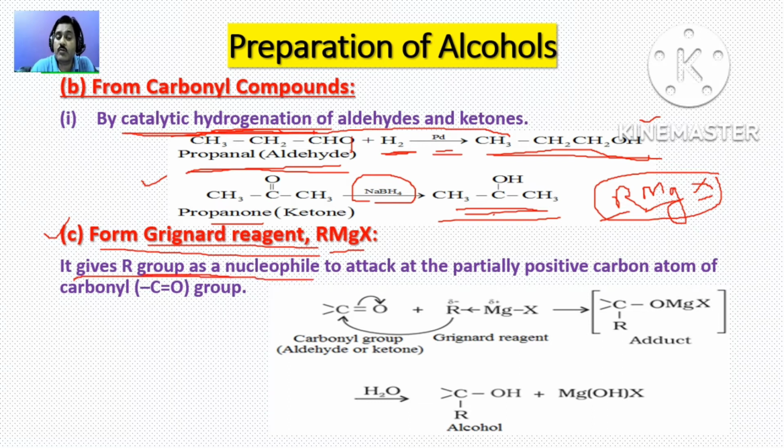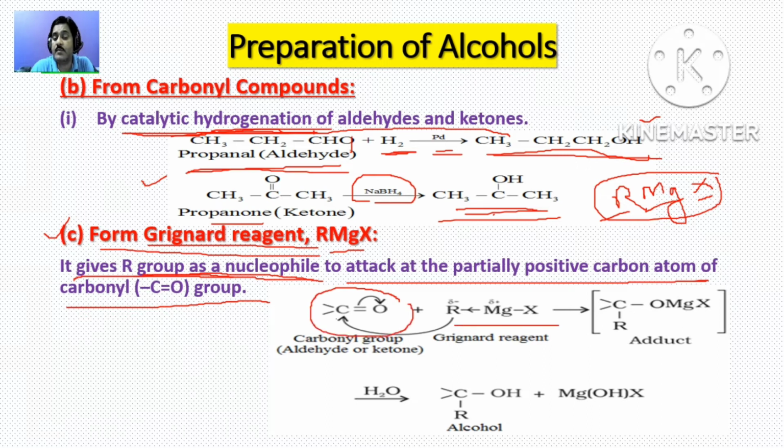Then the R group, the alkyl group here, acts as a nucleophile, which contains a negative charge, to attack the partially positive carbon atom of the carbonyl group. For example, here a carbonyl group is present and RMgX, the Grignard reagent, is there. Then what happens during the reaction? The alkyl group having the negative charge, in the form of a nucleophile, comes and attacks that carbon.